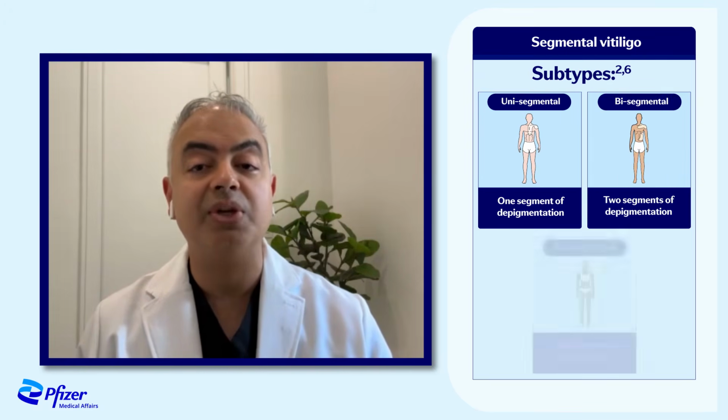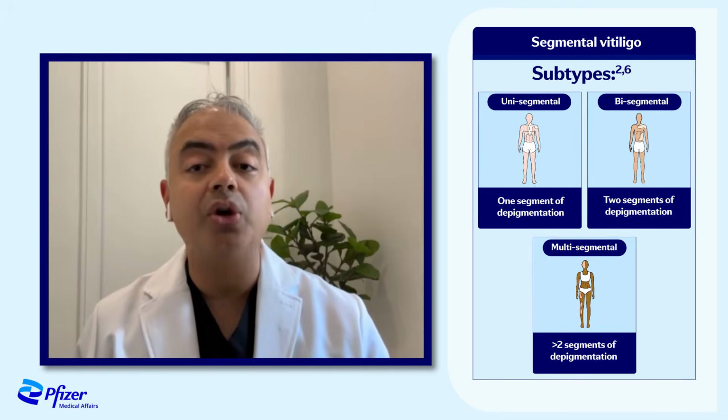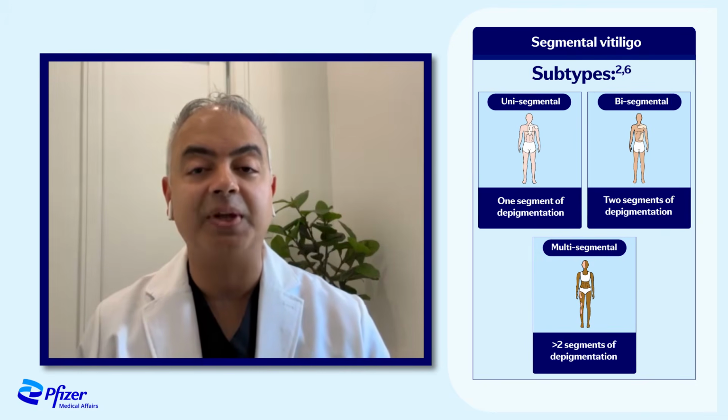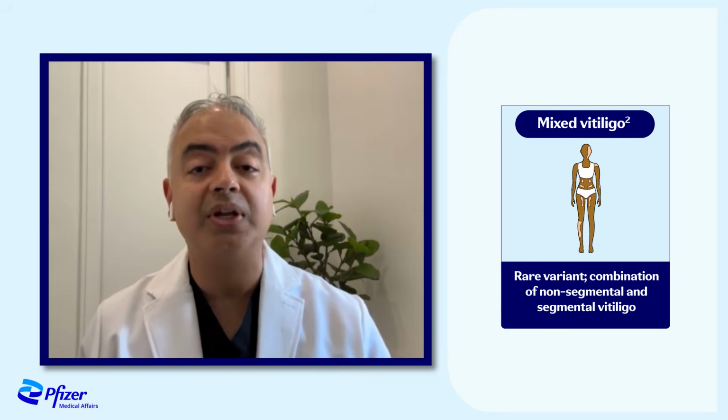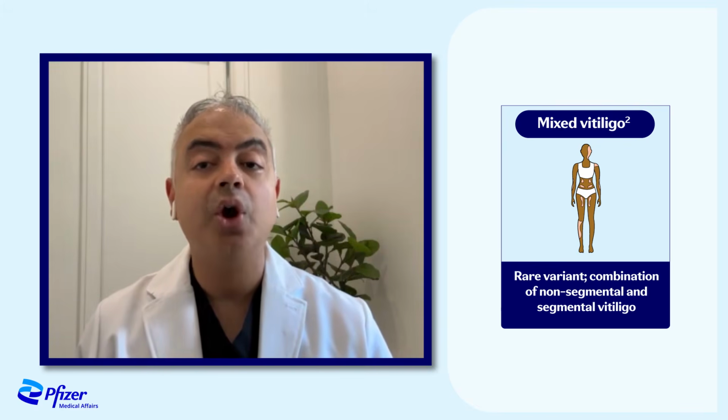There are multiple subtypes of segmental vitiligo. The most common is unisegmental disease, in which there is only one segment of depigmentation. But less common subtypes include bisegmental and multisegmental vitiligo, in which there are 2 or more patches respectively. In rare cases, patients can also develop mixed vitiligo, in which segmental vitiligo develops on one side of the body, but other spots characteristic of non-segmental vitiligo also develop in other parts.